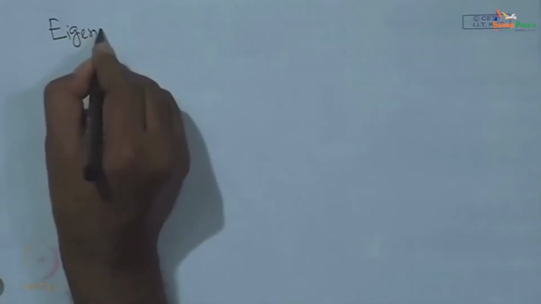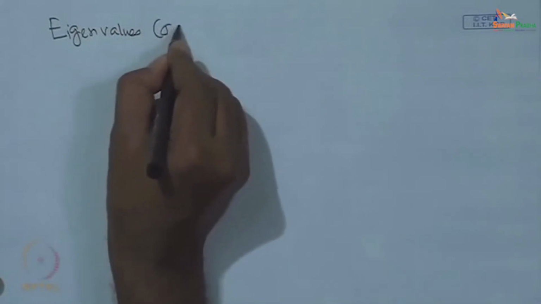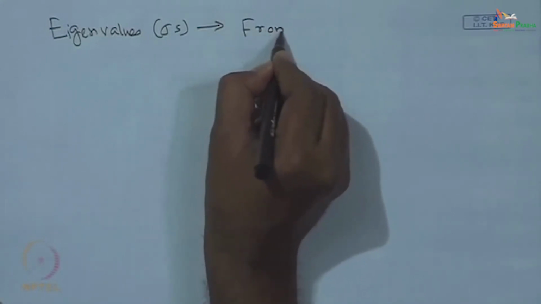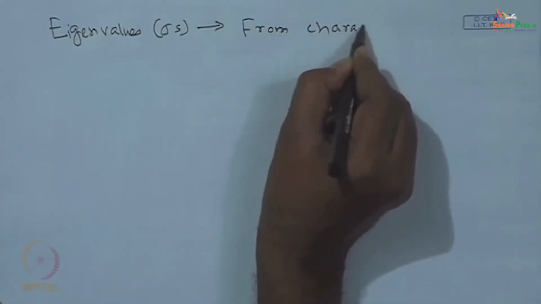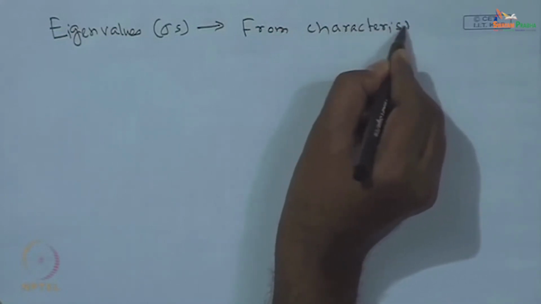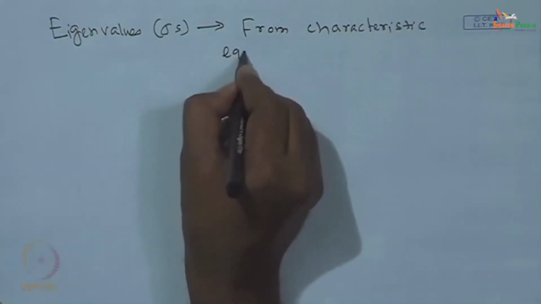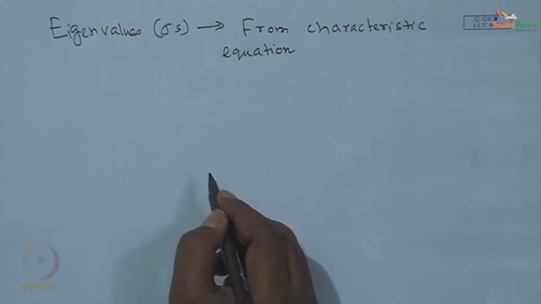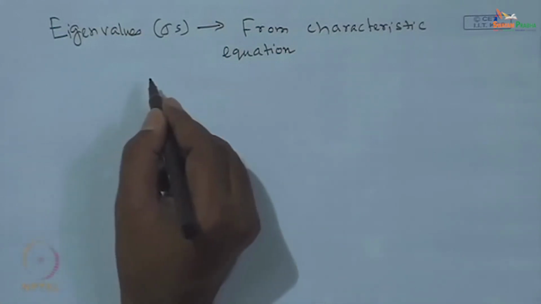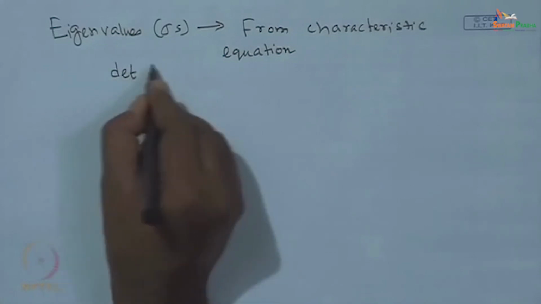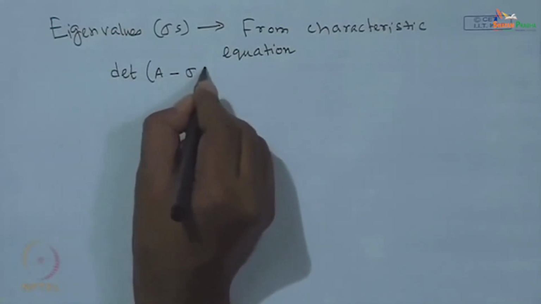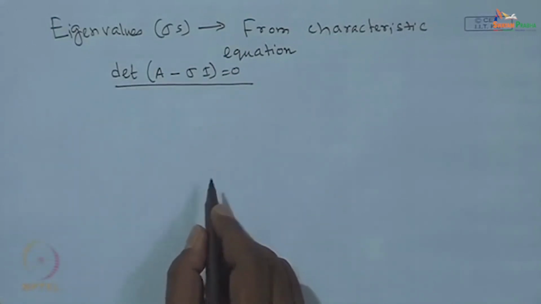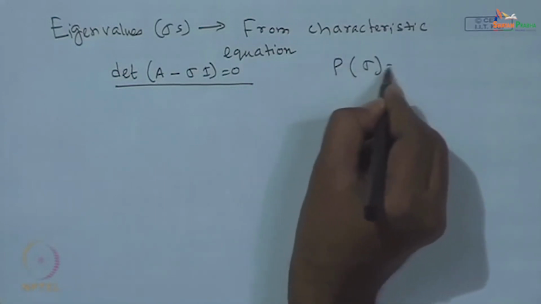The sigmas, the eigenvalues, are obtained from the characteristic equation, and this characteristic equation will be obtained by solving the determinant of A minus sigma I is equal to 0. We have to solve this determinant equal to 0, and we will be getting the characteristic equation p of sigma is equal to 0.